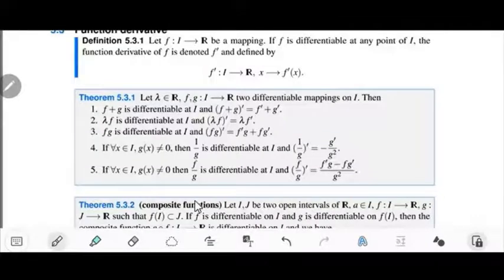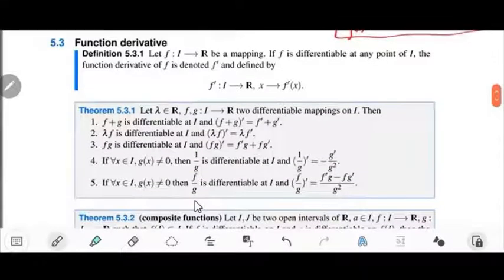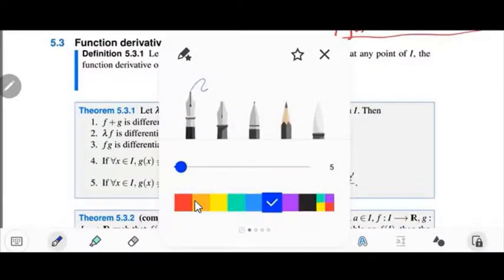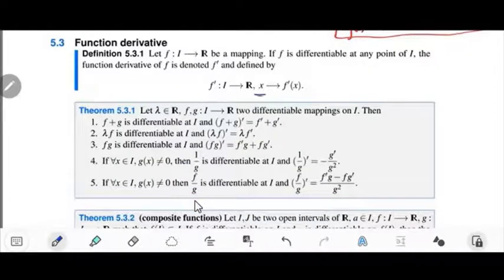So let f be a mapping. If f is differentiable at any point of I, we define the function derivative, and we denote it f prime, as being the function that is defined from I into R, and which corresponds to each x the value f prime at x. So it's a function of x that gives the derivative at any point x.